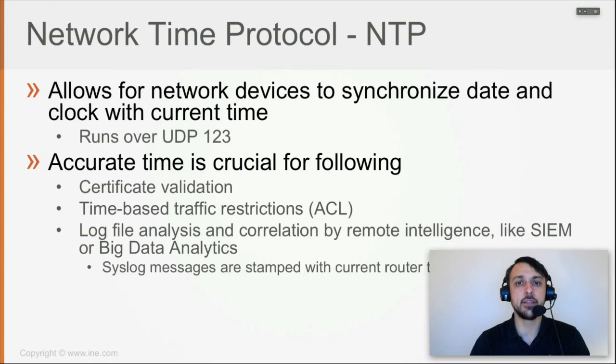If the router has to do any kind of certificate validation, then it has to make sure that the time is accurate, because otherwise it may result in validating a certificate which is actually invalid, is not within the time window of its validity, or is going to end up believing that a certificate which is valid is not valid because the router's clock time is way behind or way ahead of the current time around the globe.